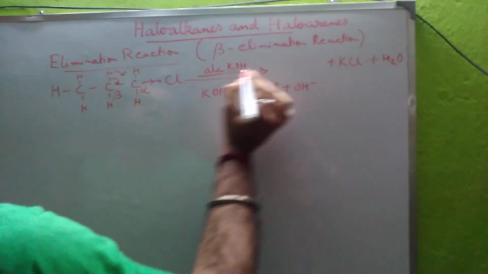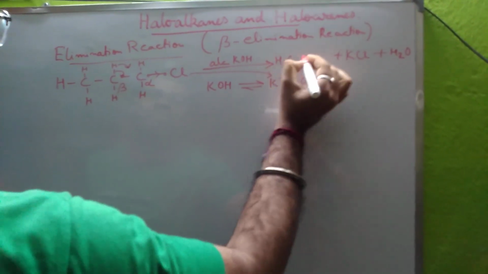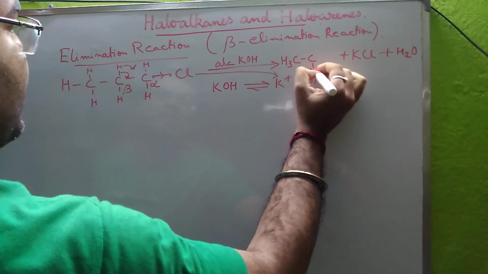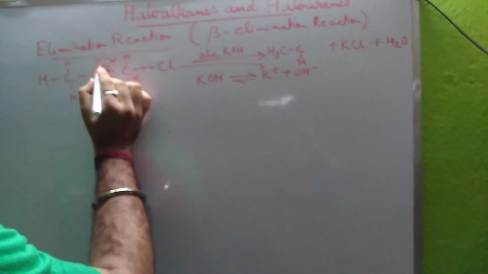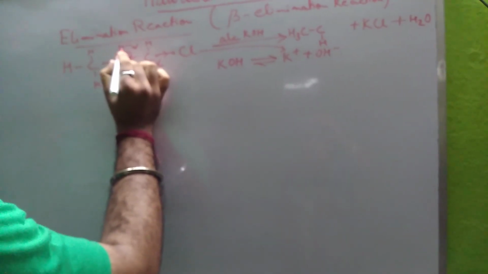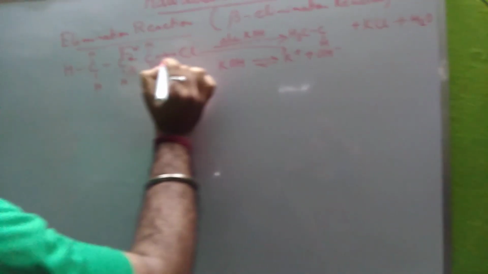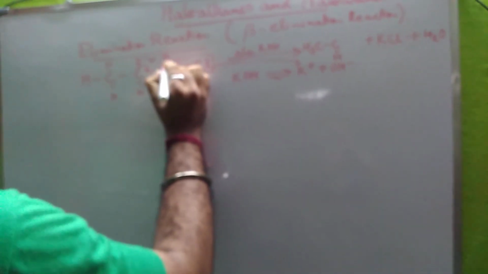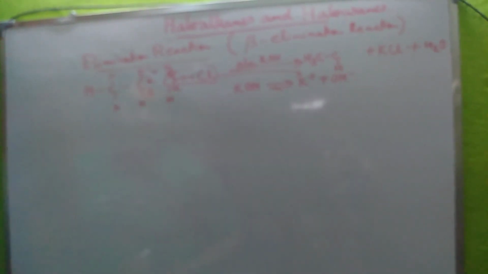Now what remains over here? CH3, single bond C, and there is an H over here. As soon as this hydrogen goes out, the bonded electrons are shifted to this carbon, whereas when the chlorine goes out, it takes away the bonded electrons with itself. So this carbon carries a plus charge.